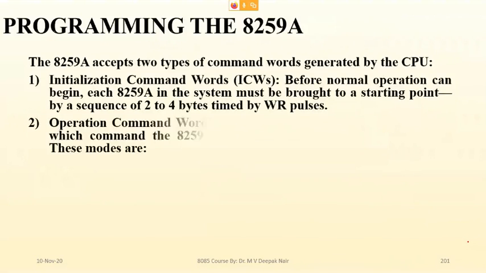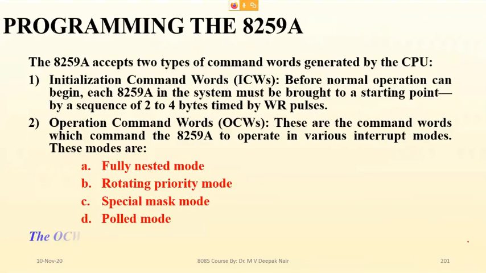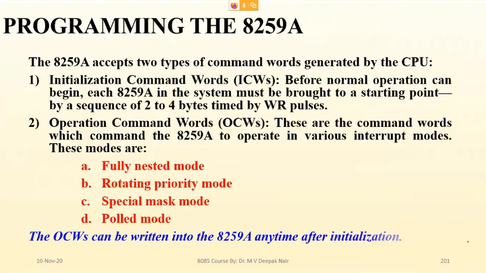So in summary, let us check what the 8259 can do. First thing that we have to remember is that we have to pass the ICWs to initialize it. Before starting the 8259's working, we have to initialize the command words, the ICWs.